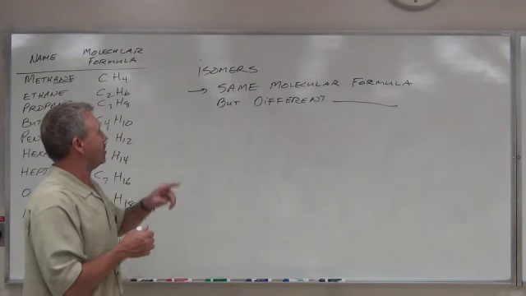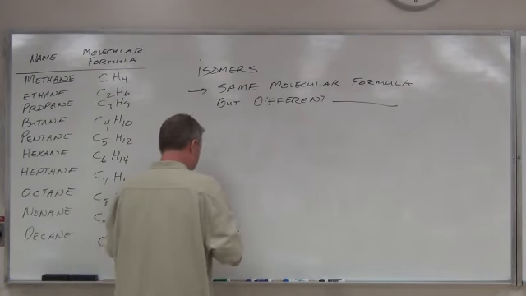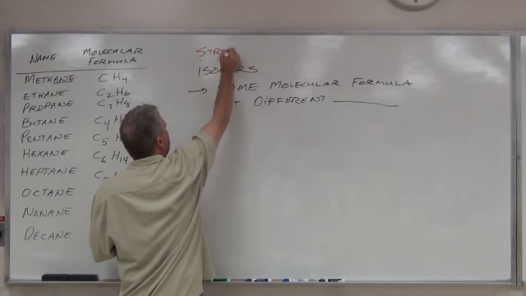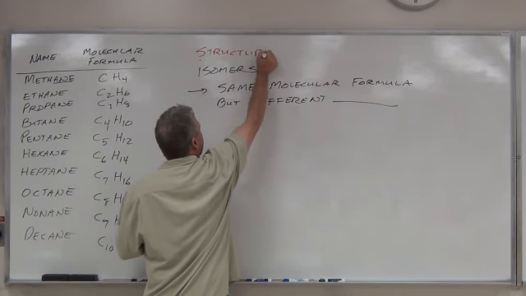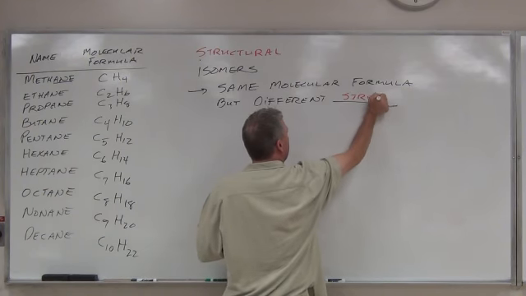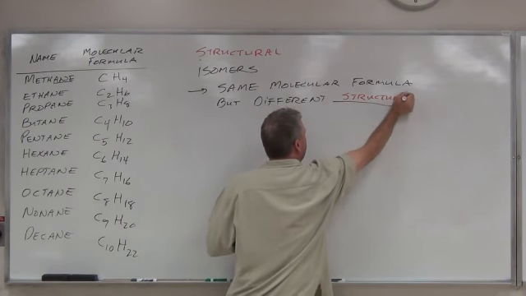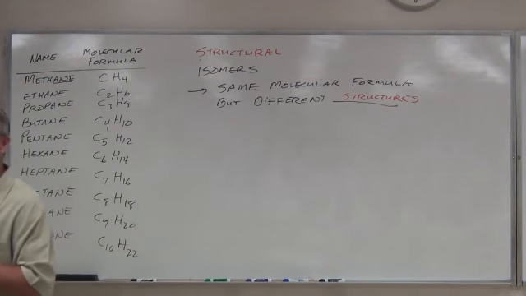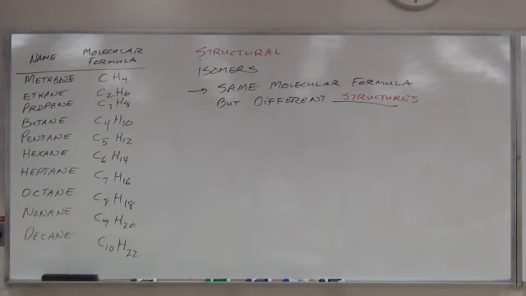That's because the name of the isomer will tell you what the difference is. For example, structural isomers will have different structures. Conformational isomers will have different conformations around a carbon-carbon bond. Newman projections, we call them.